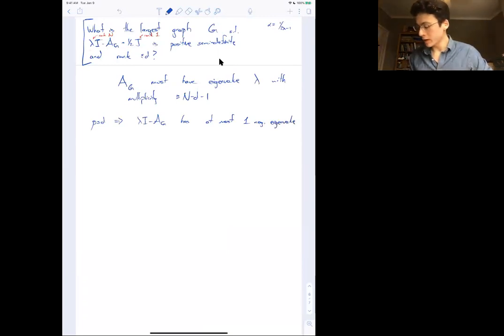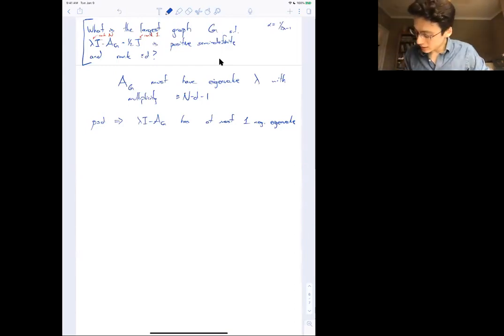If lambda I minus A_G has 0 negative eigenvalues, then when you add J, it'll still have 0 negative eigenvalues. And if you have one negative eigenvalue, possibly adding in 1/2 J will cancel it out, and you'll get something positive semi-definite. But if you have multiple negative eigenvalues, when you add in a rank 1 thing, you can't possibly get something that's positive semi-definite.